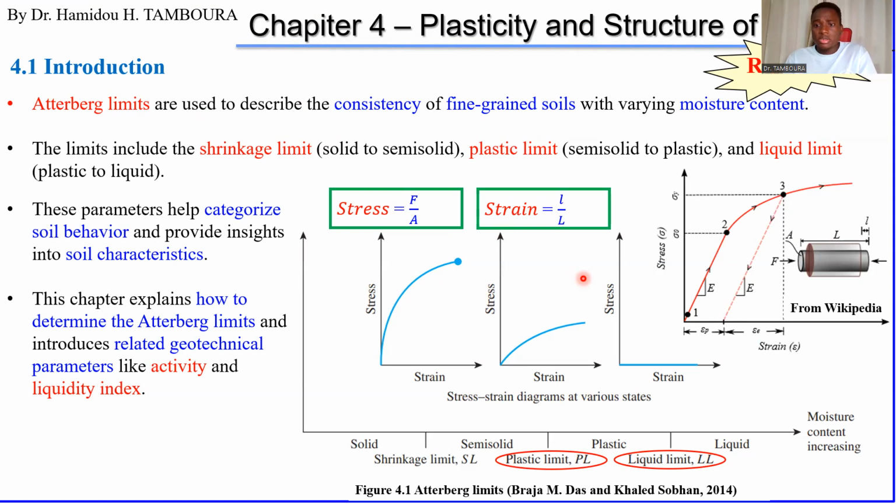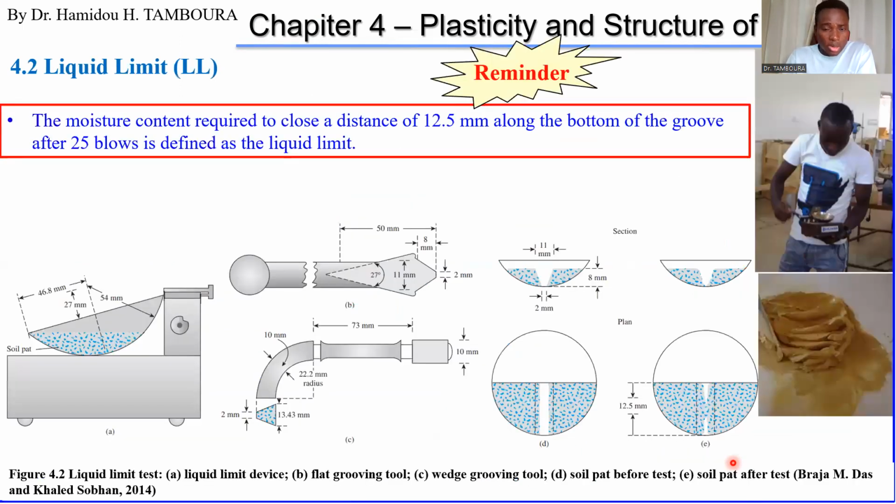I need you to understand this information before we proceed to the unified classification system. Among these things we have plastic limit and liquid limit. I need you to remember that. What is plastic limit? What is liquid limit?